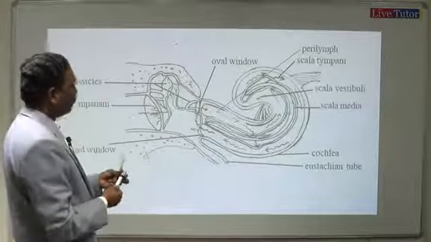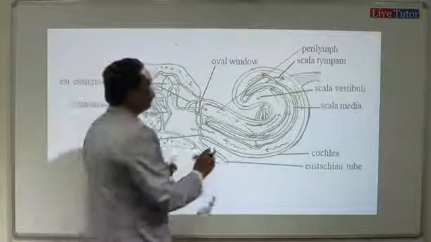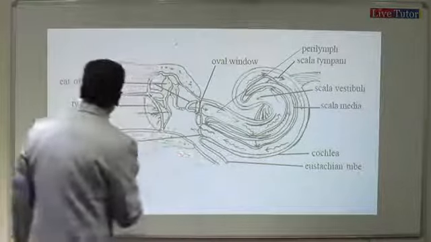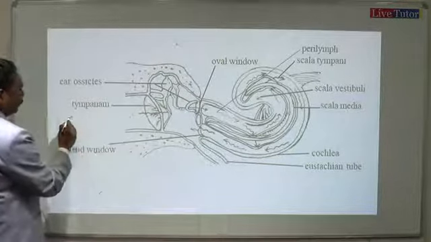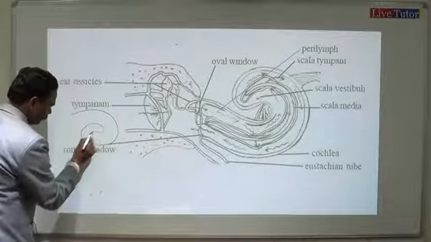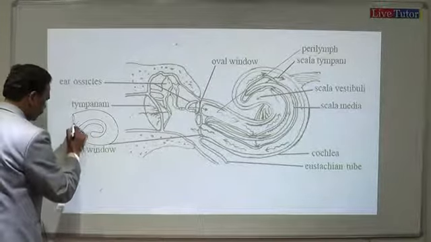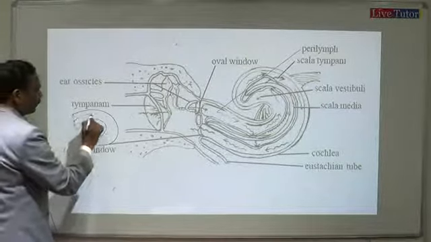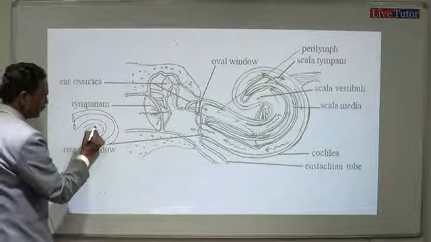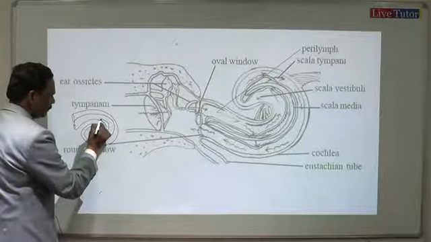See here, what is this? Different parts of the cochlea. There is one tube-like structure. It's a coiled structure. Just like the first membrane, then the basilar membrane.